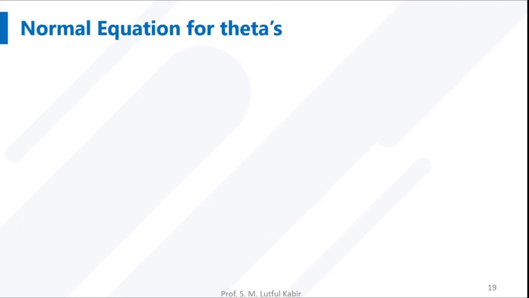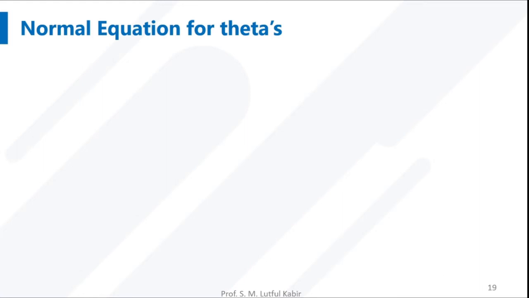We have described the process of finding the normal equation, but we will not go through the long derivation. The derivation is time consuming, and that is not our purpose. Our purpose is to use those equations. Before we describe the equation, let us take an example of a housing problem.